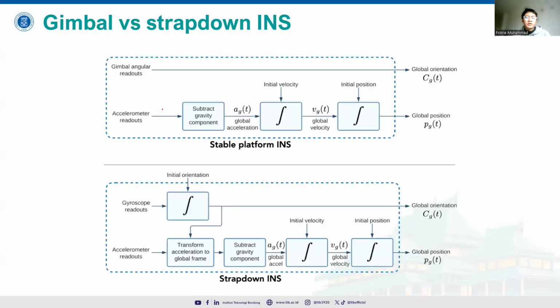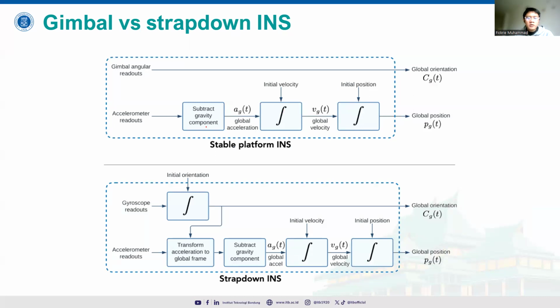All right, so in summary, the gimbal versus strap-down INS, as you can see here, we have basically the comparison between them. Basically, the stable platform INS uses, as we know, the mechanically stabilized platform or the gimbals.